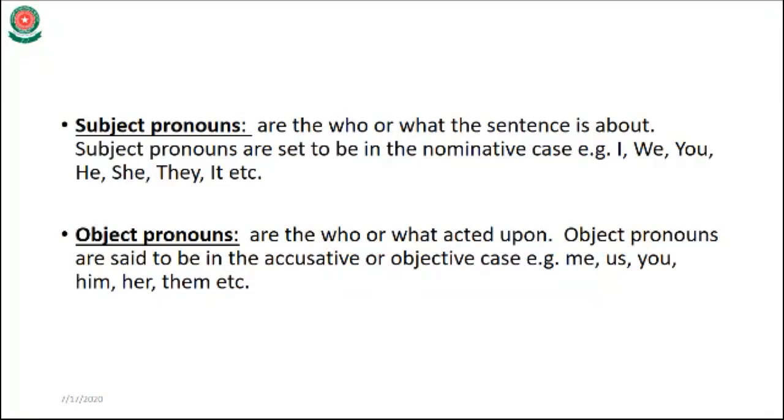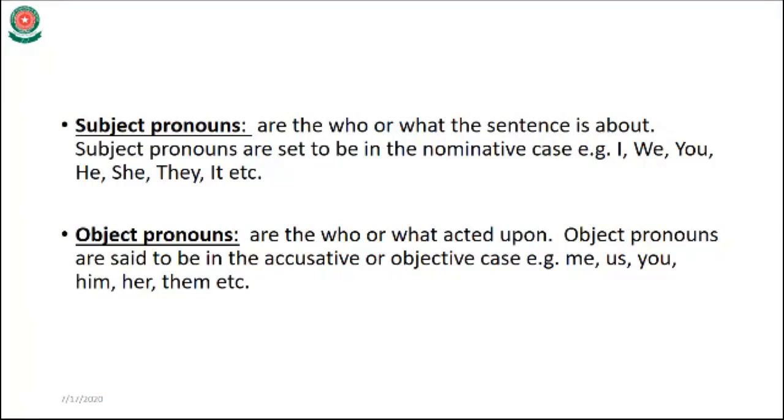I hope that you will understand the subject pronoun and object pronoun. This is only a little difficult. I again repeat: subject pronouns are those in which the sentence is about who or what. Object pronouns are those in which who or what is acted upon.